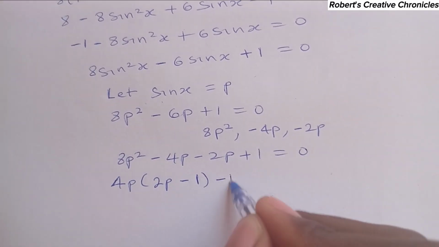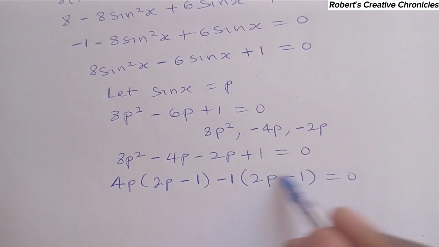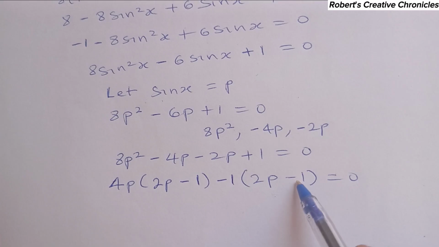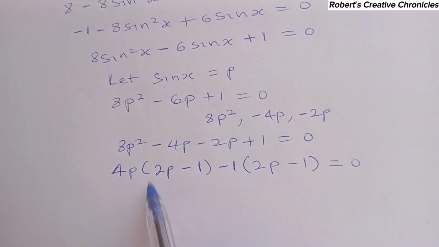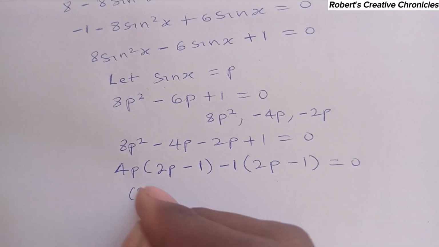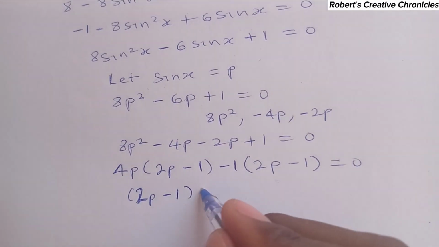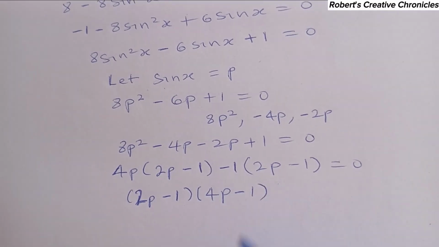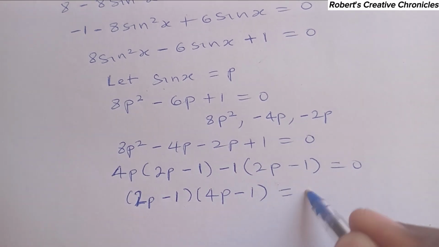Here is negative 1, so this becomes 2p minus 1, so that when you open this bracket, you get this term back: negative 2p plus 1, because minus times minus is plus. Then from this expression, we'll factor out 2p minus 1. From here you get 4p minus 1 equals to 0.